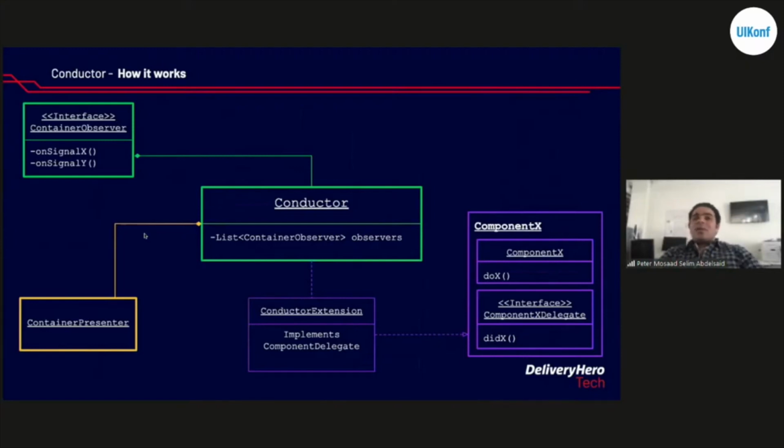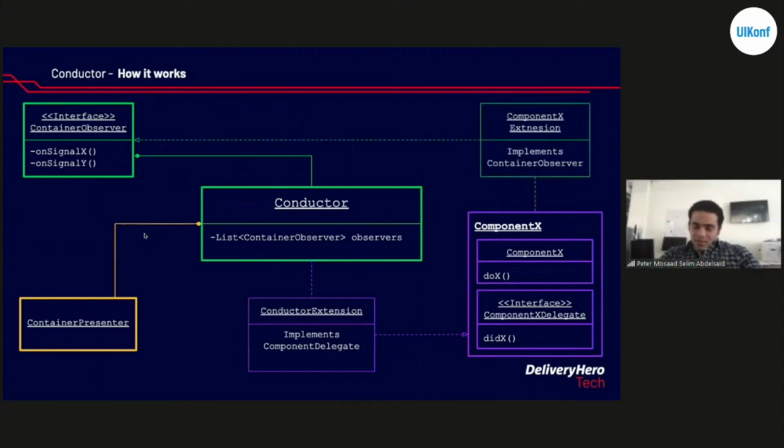Whenever we start the component, we pass an instance of the conductor to the component, so the component can signal the conductor. And to pass those signals to other components, each component implements the container observer protocol in an extension, and then the conductor passes those signals to the other components.